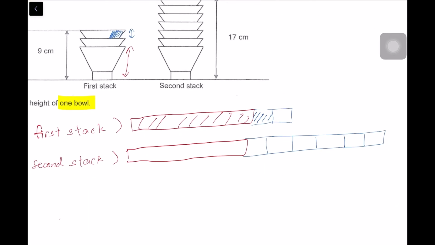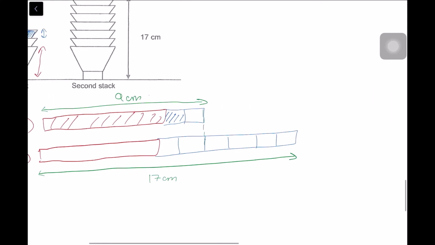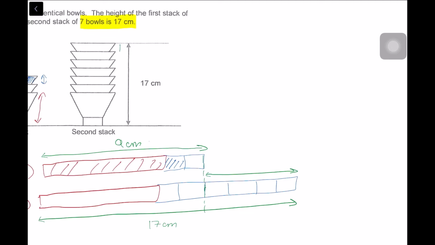So the question states that the length of this 3 stack of bowls is 9 cm and the length of this 7 stack of bowls is 17 cm, right? So this means that the remaining smaller stack of 4 bowls, which is just 1, 2, 3, 4, from here to here, this length is this value.